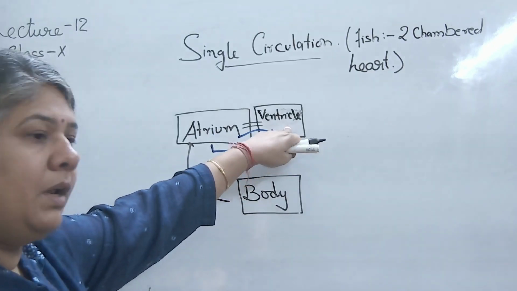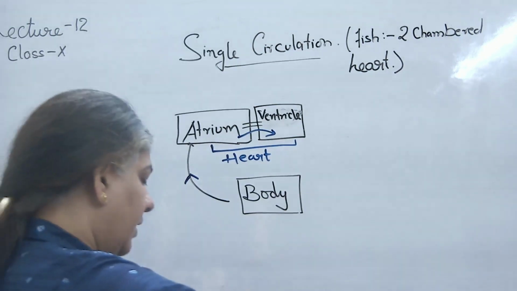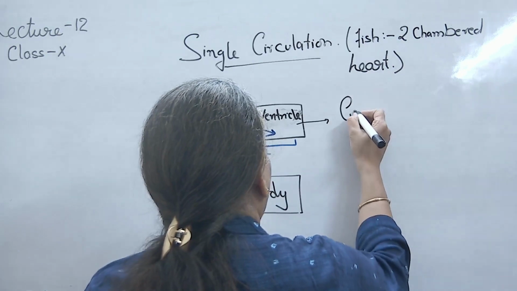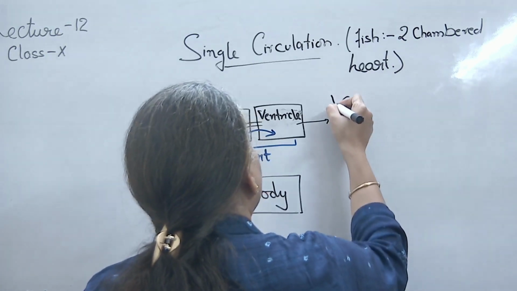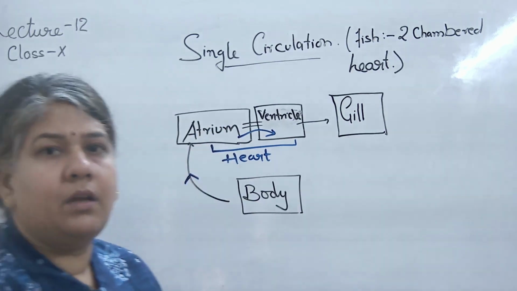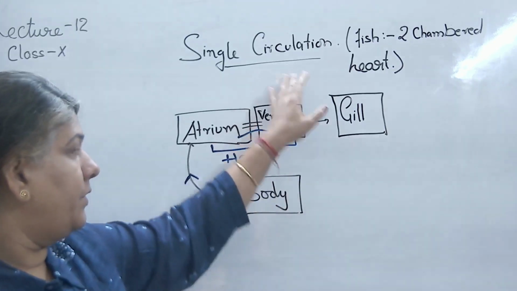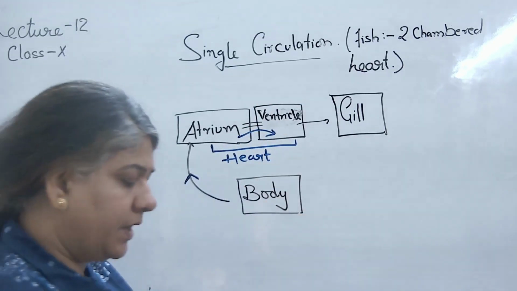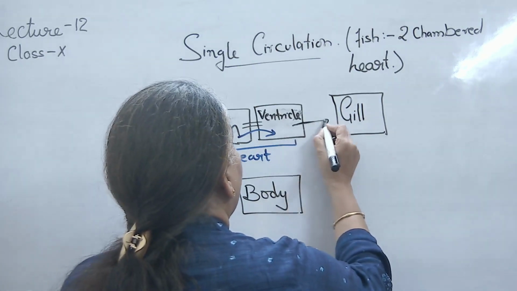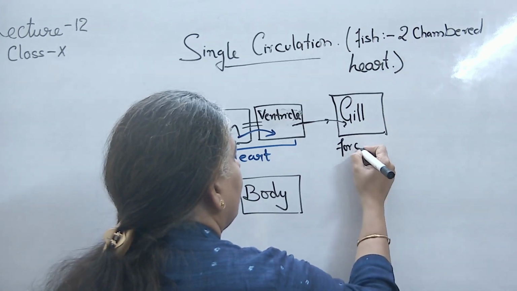Now the ventricle will pump this deoxygenated blood into the gills, which is the organ of oxygenation. In our case, blood is getting oxygenated in lungs. In case of fishes, blood gets oxygenated in gills. So, blood is pumped into the gills for oxygenation.